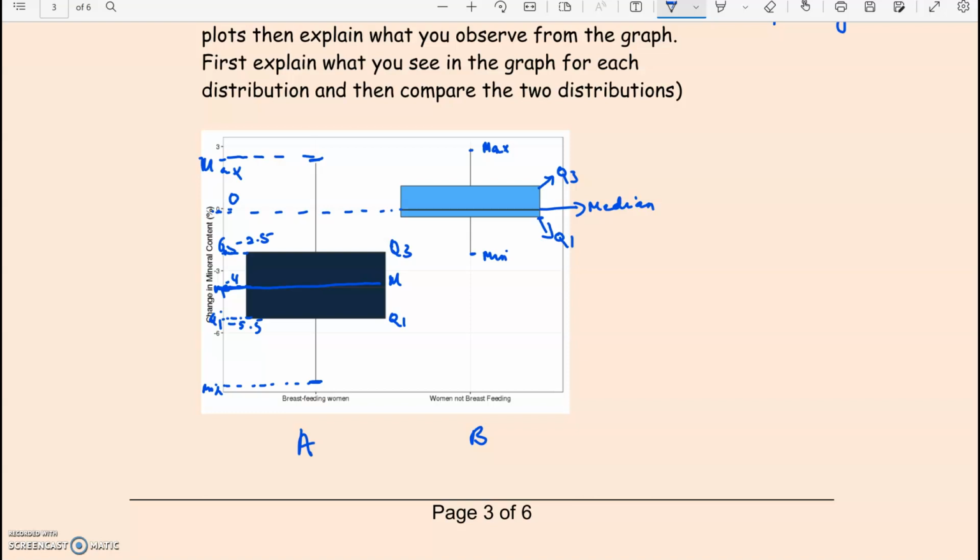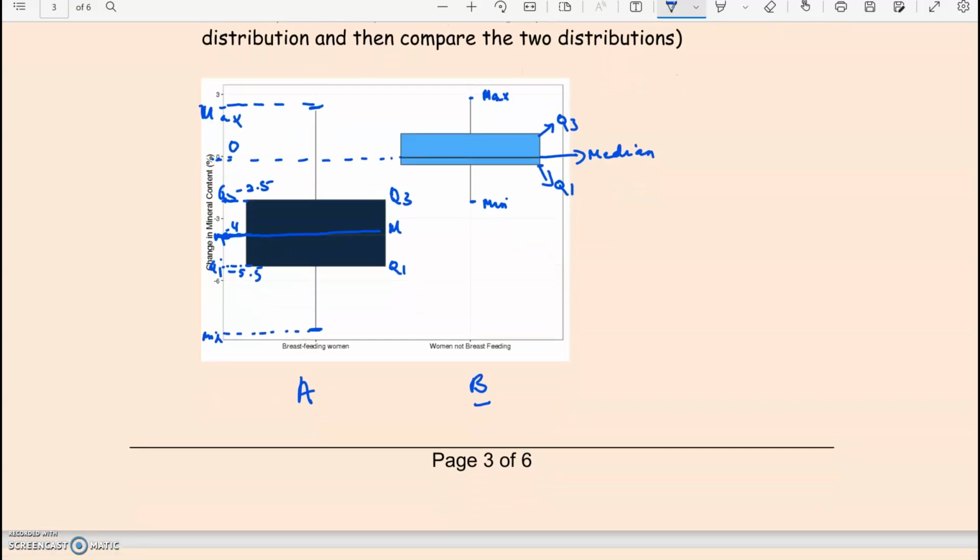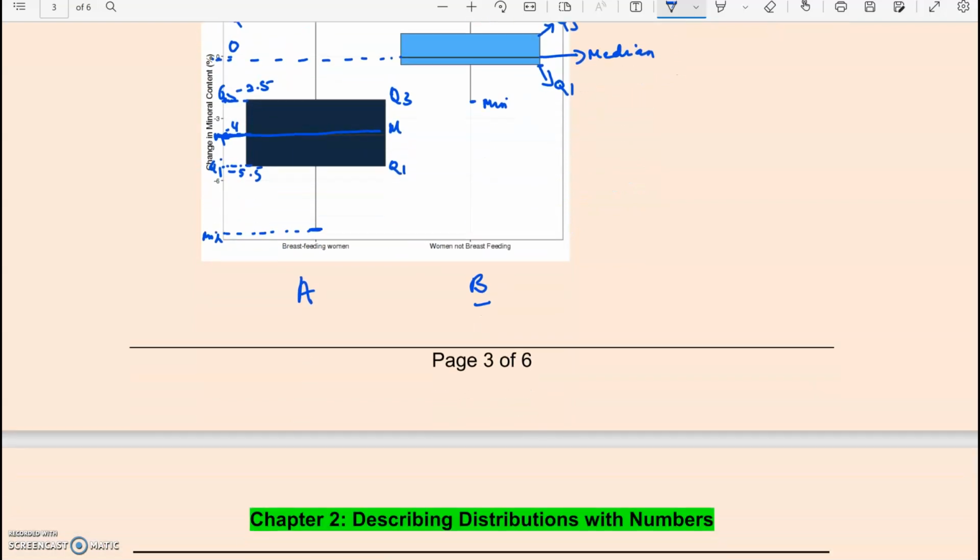So that means that the median bone loss is 4% for the breastfeeding women, and for women who are not breastfeeding, the change was a 0%. That's the median. So the median 0% tells us that there was neither a loss of bone mineral nor a gain of bone mineral. So clearly the median for the breastfeeding women is much lower than the median for the non-breastfeeding women. So that's one indicator.